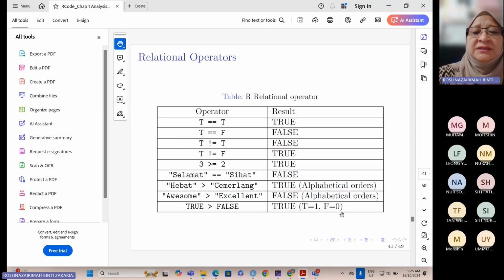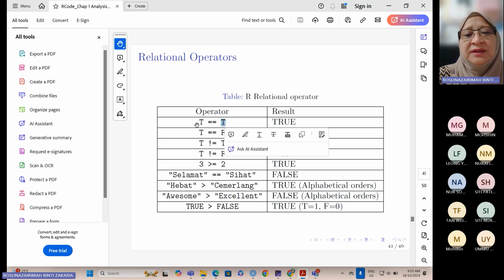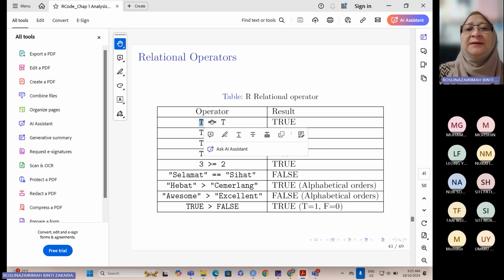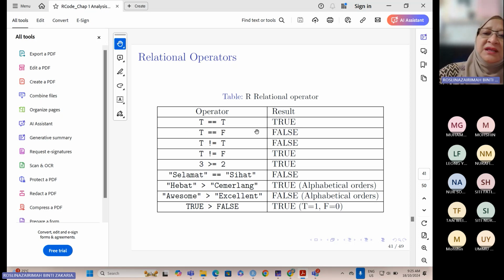Okay, for relational, for example, T equal to TRUE. Actually, in R we can also write T for TRUE, but it is not advisable. Normally it is advised to write in full, TRUE, in capital letters.